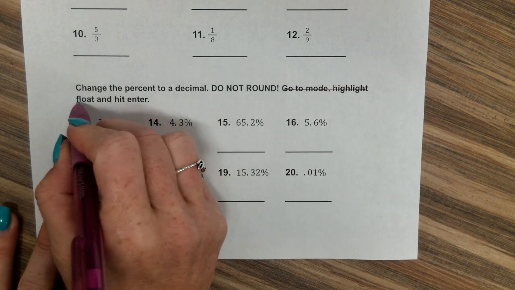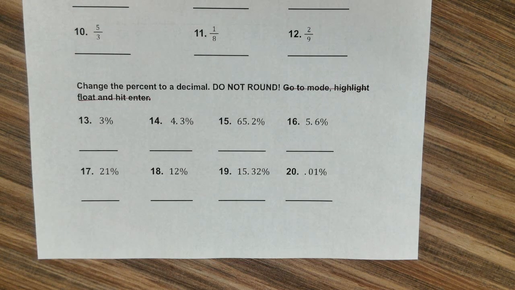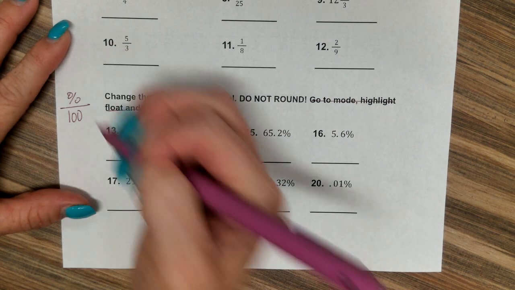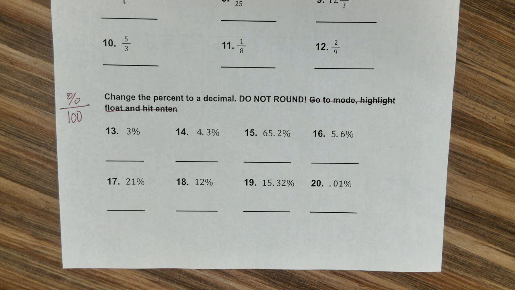Mark that out. How do we change a percent to a decimal? Put it over. So right here, say put the percent over 100. Now, you're not going to put a percent sign in your calculator. You're just going to take whatever the percent is, 3, put it over 100 and write your answer. Are we okay? I would like for y'all to try to get the front finished today.